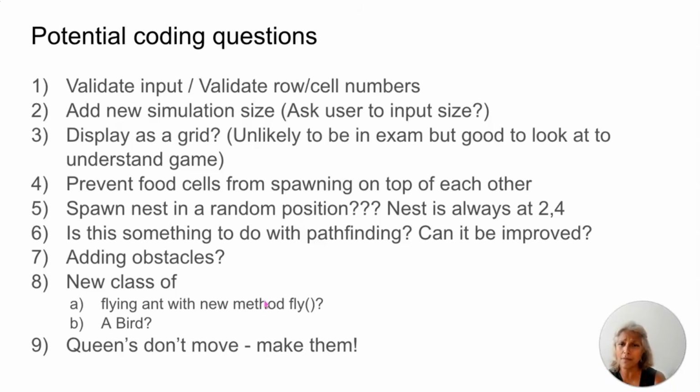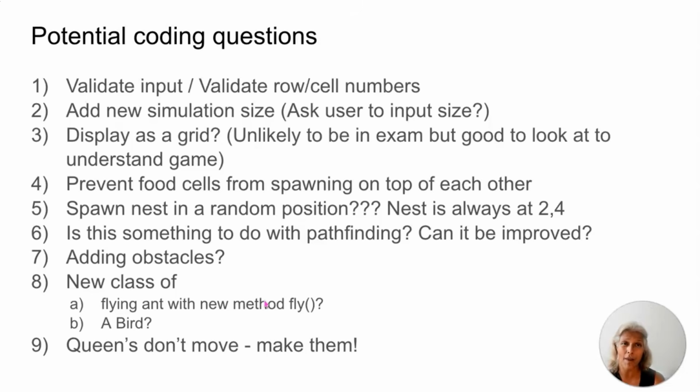I've also noticed that food cells could spawn on top of each other, so that might be another bit of validation you could add. You could spawn a nest in a random position. Currently, there's already a nest always at 2, 4, row 2, column 4. There might be something to do with pathfinding. Could that be improved? I'm not sure about that one. There might be a way of adding obstacles.